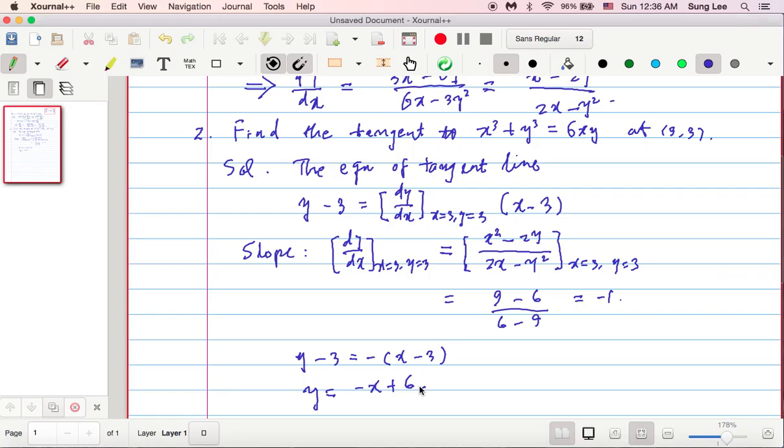So that's going to be the answer. The equation of the tangent line to this curve at 3, 3 is y equals negative x plus 6.